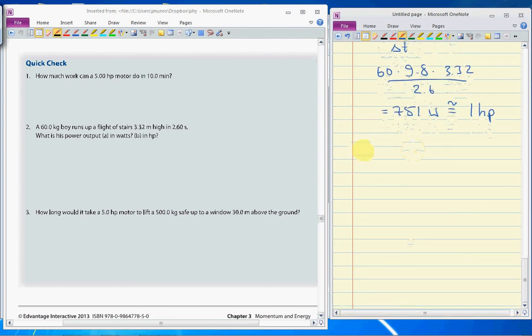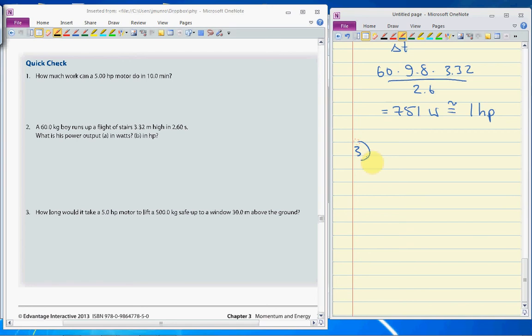Question number 3. How long would it take a 5 horsepower motor to lift a 500 kilogram safe? Again, power is equal to work over time, which is equal to mg delta H over time.